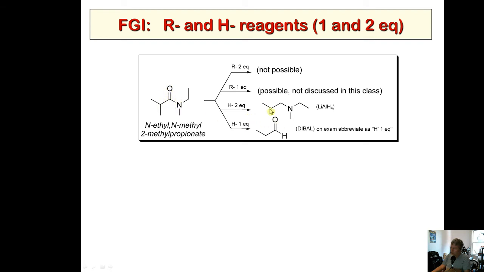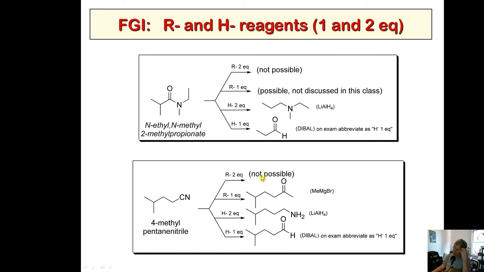So the carbonyl goes away and you get an amine, right? Remember, you can make an amide and reduce the amide to the amine. But we also learned about DIBAL, the H minus 1 equivalent. In this case, it's kind of like the hydrogen attacks, electrons go up, electrons go down, kicks off the amine, and you get left with an aldehyde. Okay?